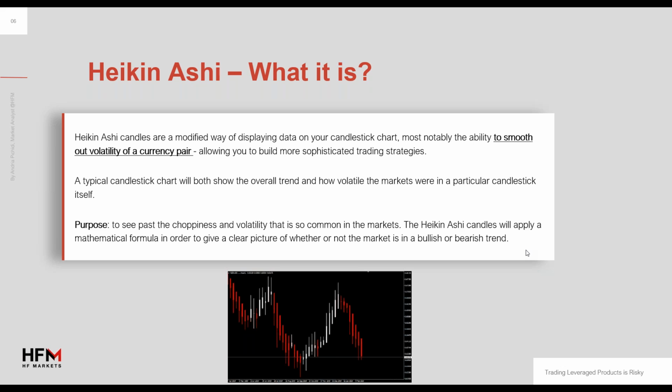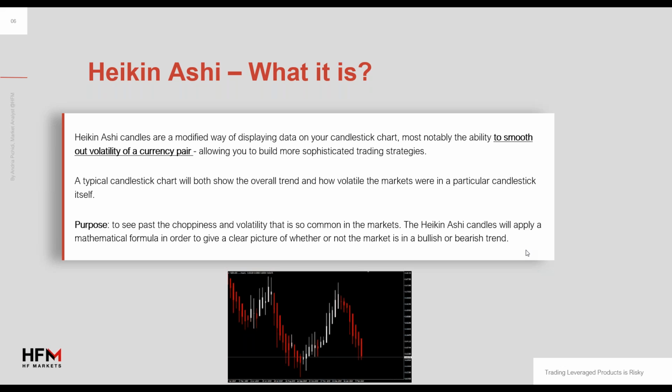Now, with this specific form of candlestick, which is the Heikin Ashi one, we have some small difference from the traditional Japanese candlesticks. So first of all, just to highlight that Heikin Ashi means average.